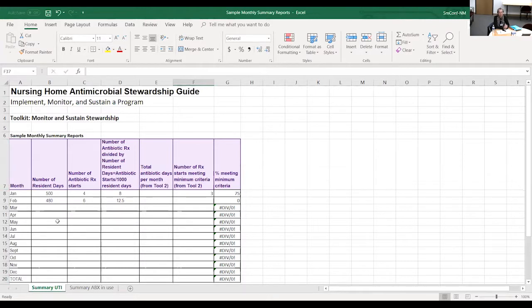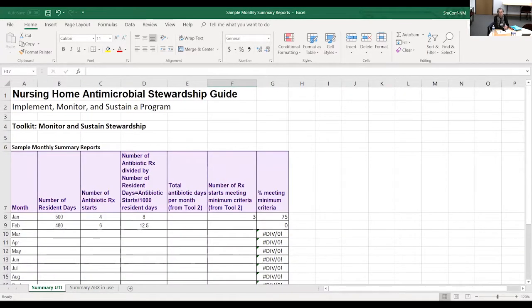These formulae are implanted in the Excel spreadsheet. So in January, we had 500 resident days, which means our census every day added up to 500 for the month. We had 4 antibiotic starts.